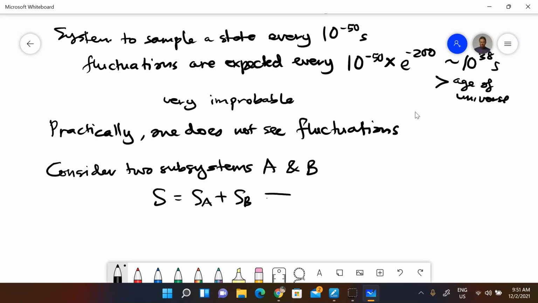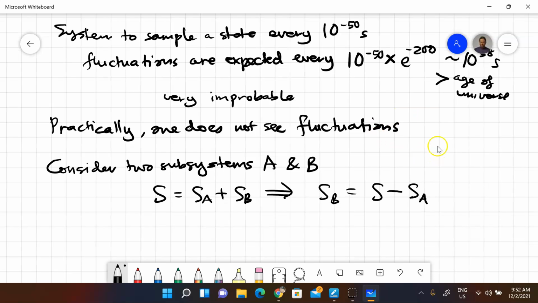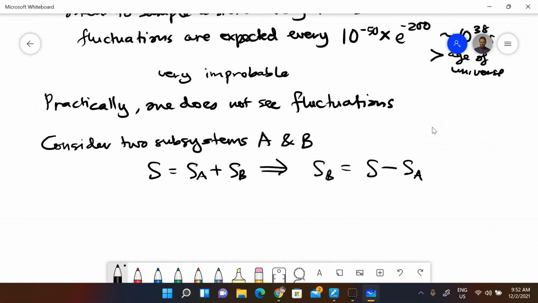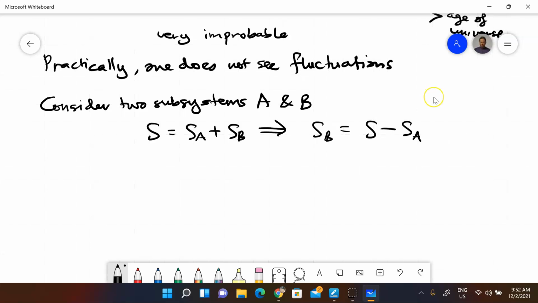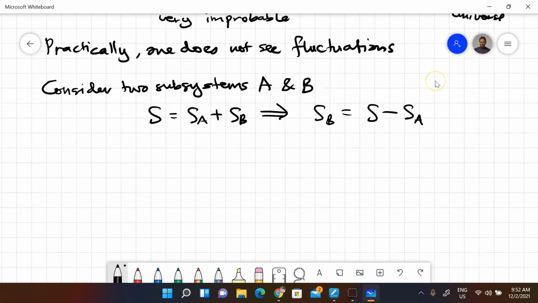Then you can see that the entropy of the B subsystem is essentially equal to the total entropy minus the entropy of subsystem A. What we're going to do is connect back with some thermodynamical variables that we have seen before.